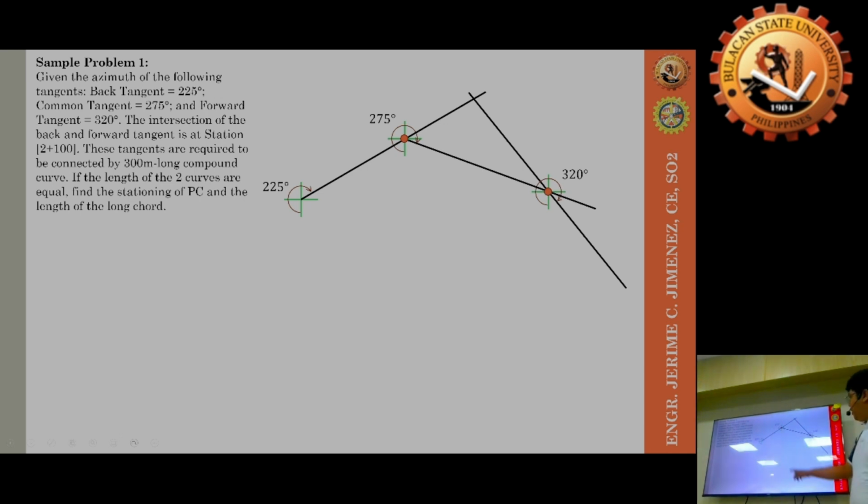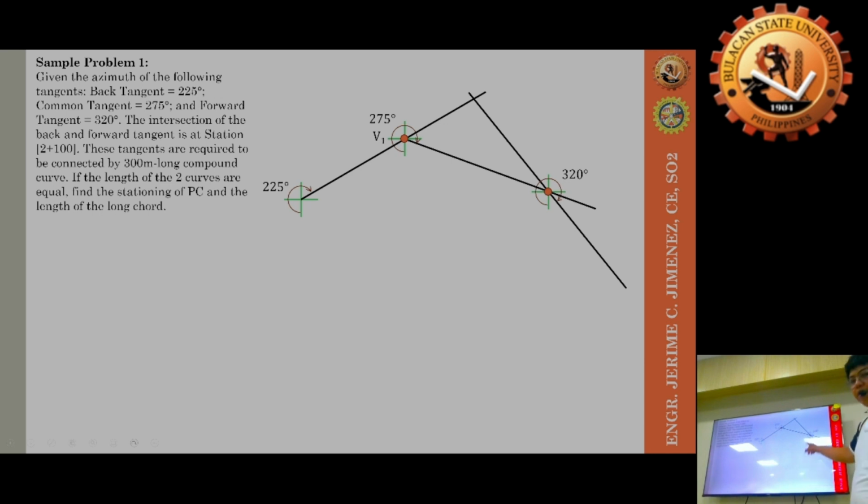So, itong point na to, i-introduce natin, since back tangent, common tangent, and forward tangent is already available, sabi natin, ang common tangent daw is bounded by two vertices, vertex sub 1 and vertex sub 2. So therefore, ito yung magiging V sub 1 natin.